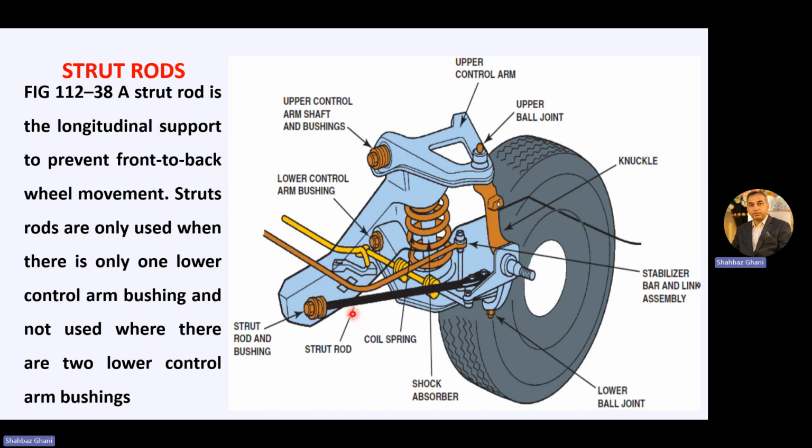And then we have some other rods also, like the stabilization bar and other bars, which we will talk about later. So this is your stabilization bar and lower control arm bushing. This strut rod is mounted on the lower control arm here, and the other end is to the frame, and on both sides we have a bushing inside.